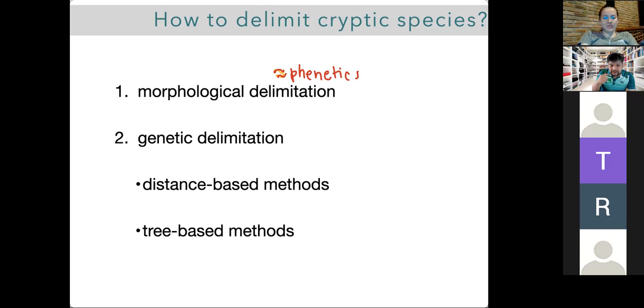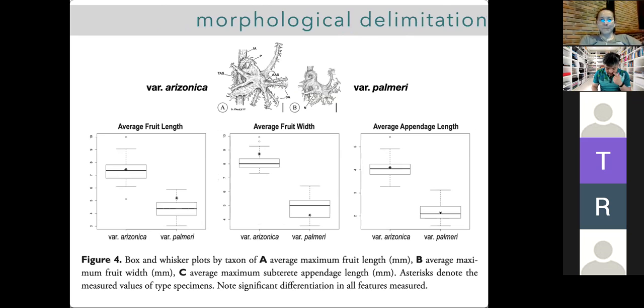So you can use genetic delimitation, and there are two ways of doing that. We're going to talk about both of those. In a way, we use all the information that we can to figure out the different species, with in mind that there's an actual grouping that exists that we don't see immediately, and we try to be more detailed.